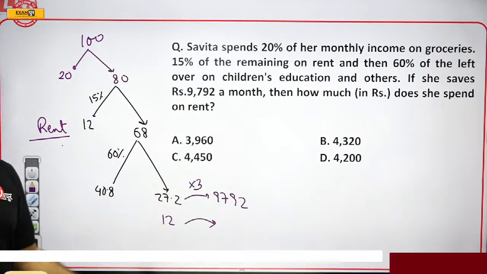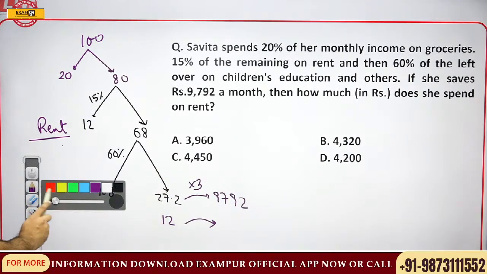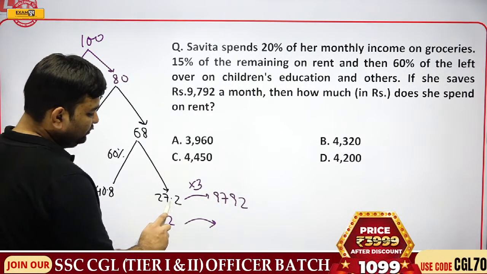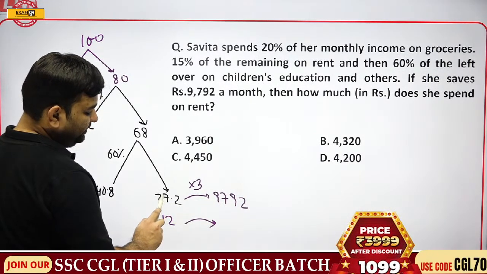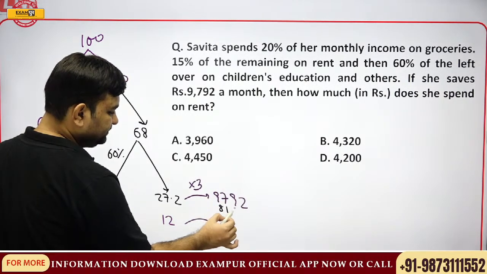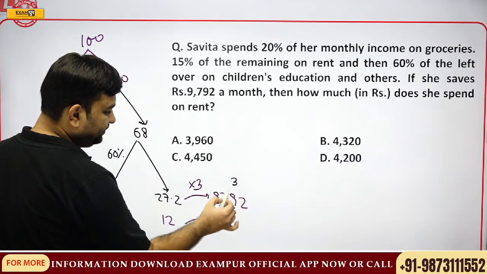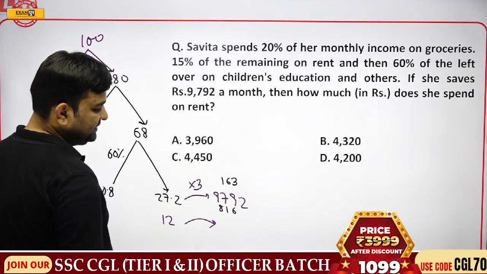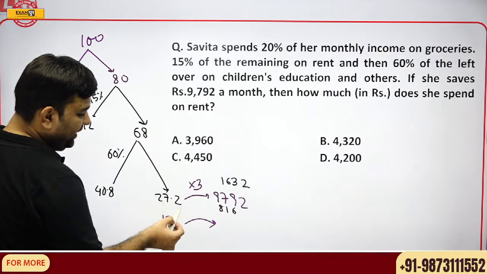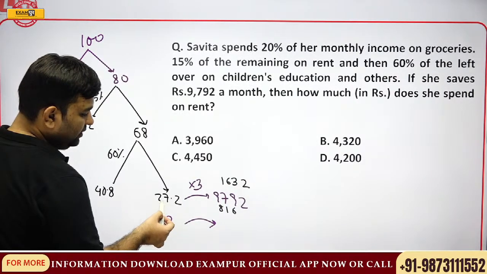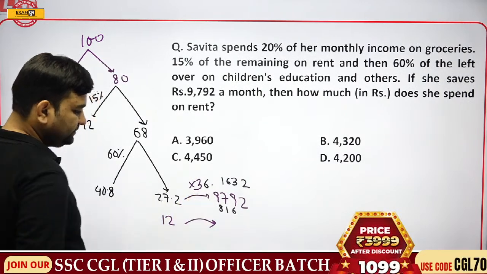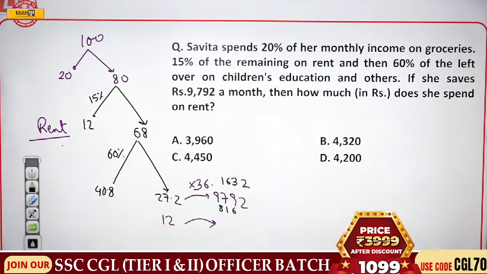Let's find out the multiplication factor. 27 into 3 is 81, 27.2 into 3 is 81.6. So 3 times 9792 is 1632. Now this will simplify, I think 6 times.